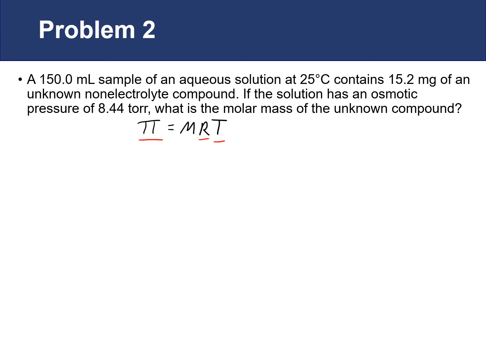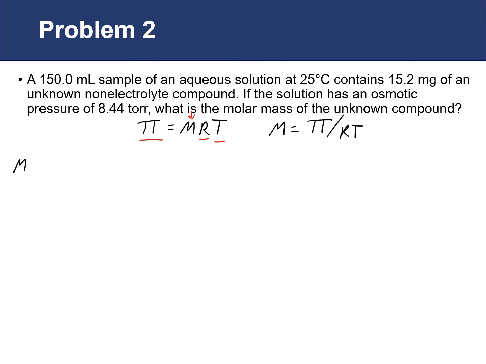So here we're trying to find M. So let's rewrite this equation for M. M is equal to pi divided by RT. By knowing the concentration, we'll be able to figure out how many moles of this we have. We have the mass, and so we'll be able to determine our molecular weight.